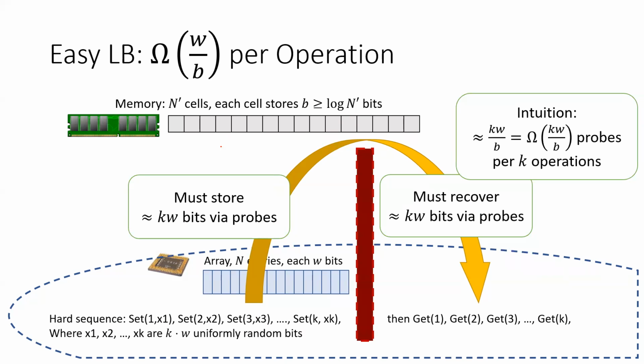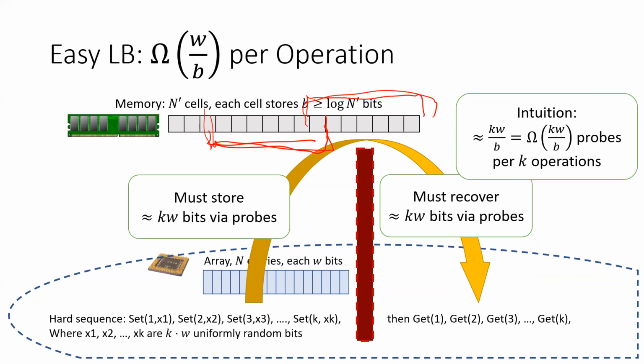Say the algorithm transfers the random bits into this set of memory, then later the algorithm reads from the memory back to the processor side using this set of memory.